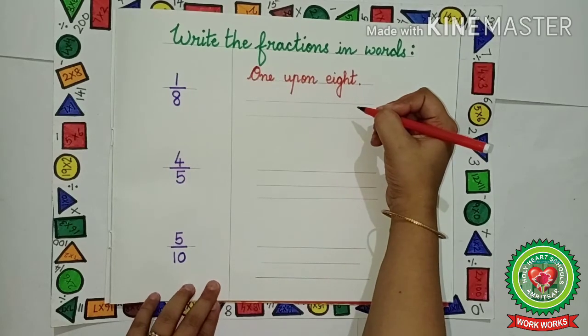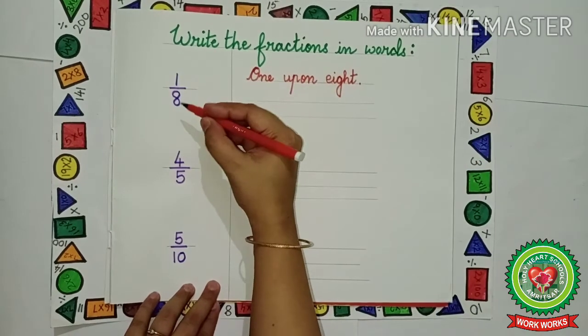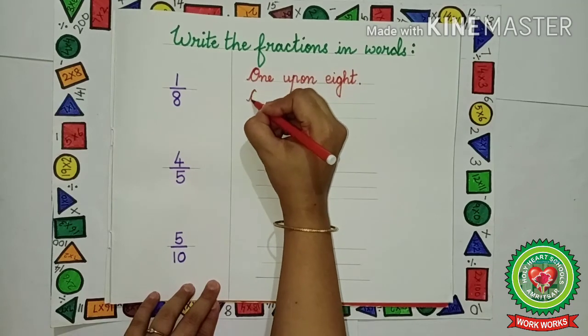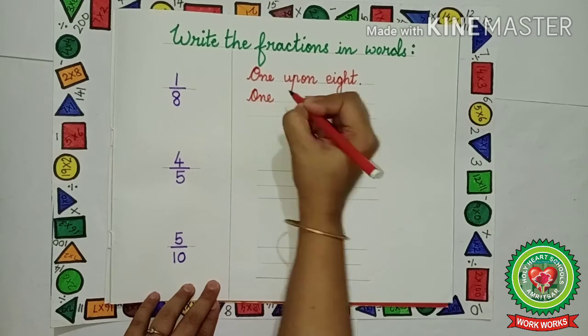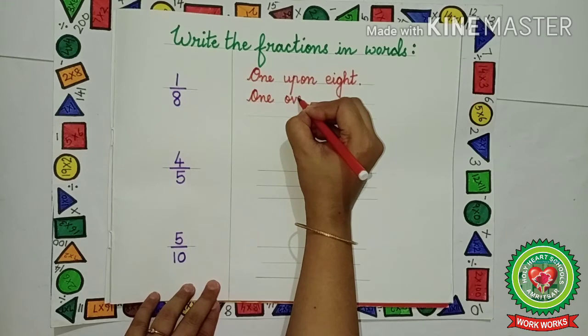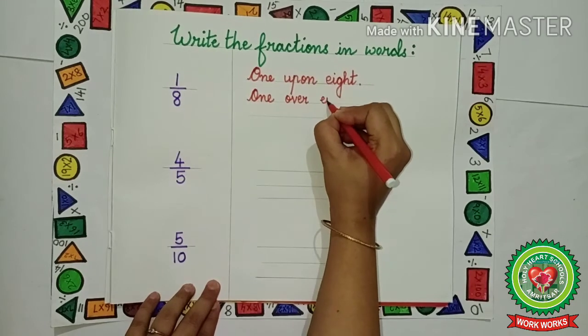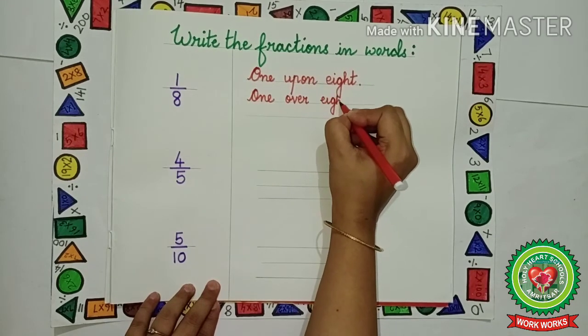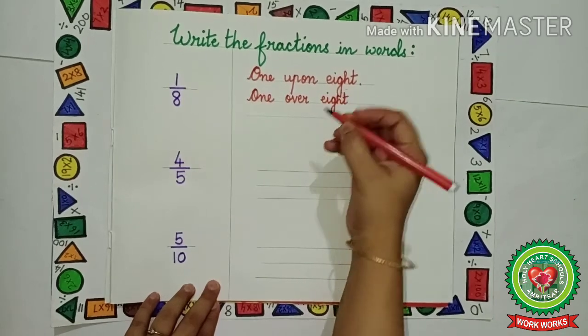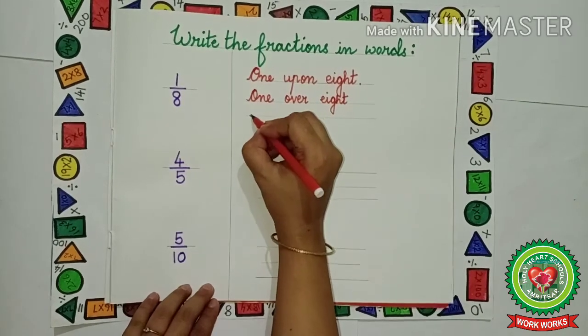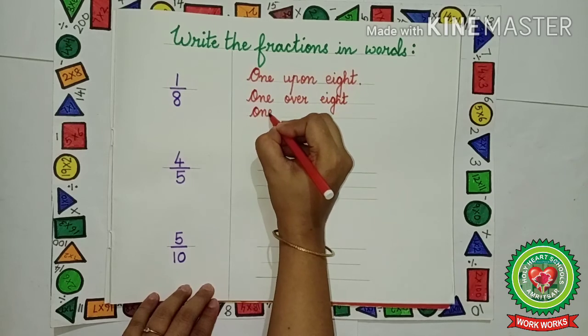The second way is 1 over 8. And the third way is 1/8.